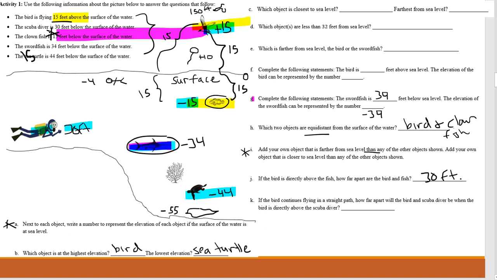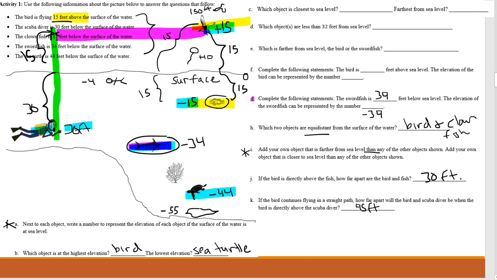The distance from the surface of the water down to the scuba diver is 30 feet. So if we're trying to figure out how far apart they will be, we would say 45 feet, because 15 plus 30 is the total distance. If the bird's right here and the scuba diver's here, the total distance would be 45 feet.